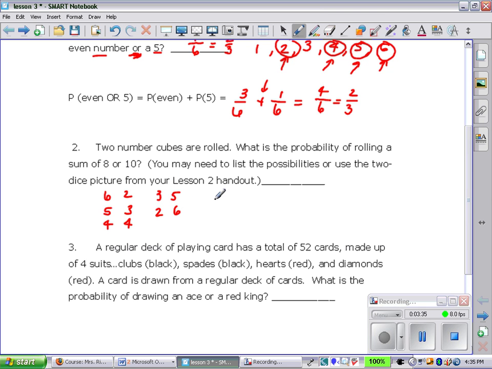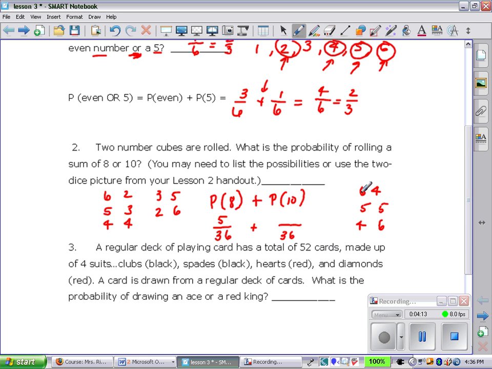So there is the probability of getting a sum of 8 plus the probability of getting a sum of 10. Probability of 8 is 5, and if you remember, how many possible combinations of 2 dice are there? There are 36. Now, sum of 10, you know it's still going to be out of 36 possibilities. How many would give us a sum of 10? Well, we could do a 6 and a 4, a 5 and a 5, or a 4 and a 6.